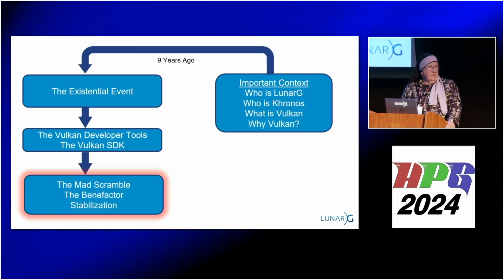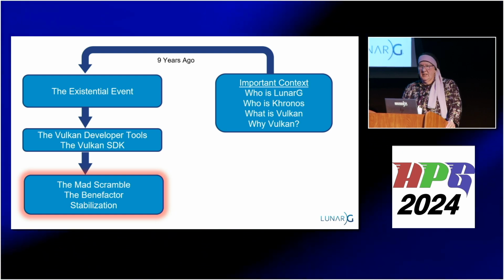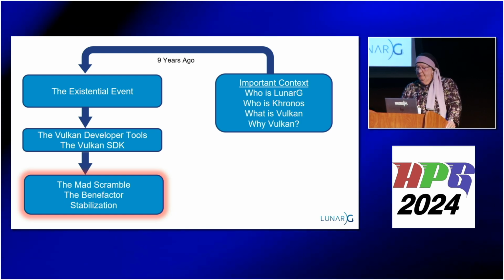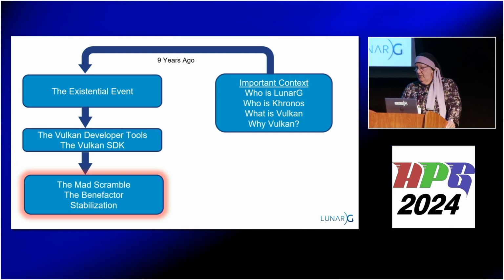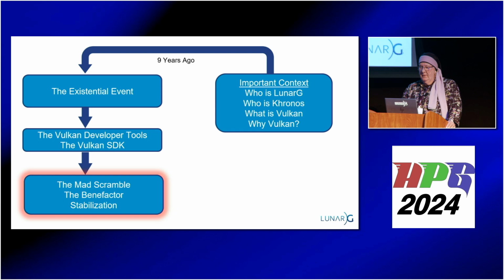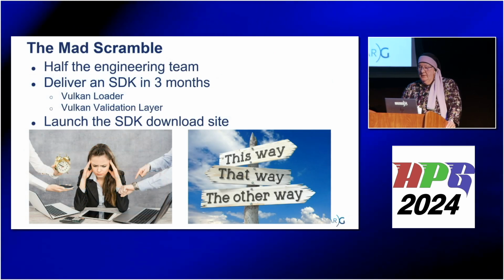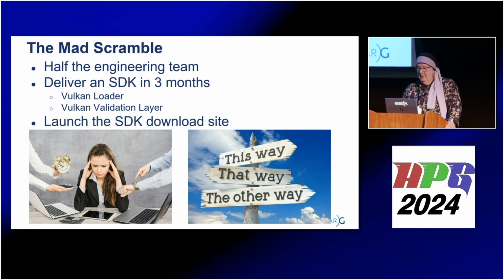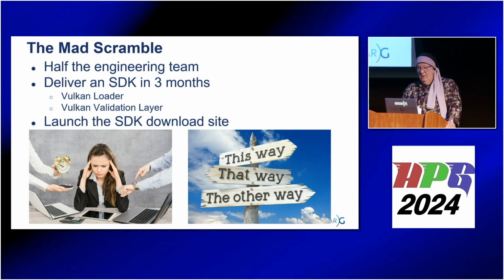Okay, that gives you a little bit of appreciation of some of the stuff that's in the SDK and the developers' tools. Let's talk about the mad scramble that was occurring 3 months before the launch of the Vulkan API. So you remember, I lost half my engineering staff. Well, the API launch was 3 months away.